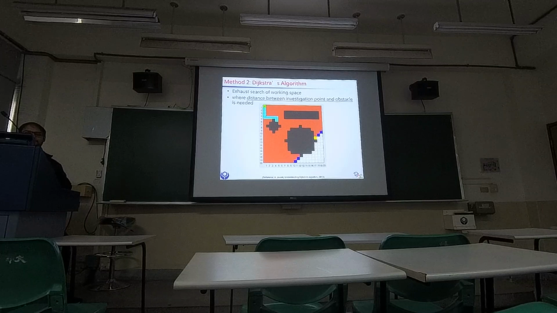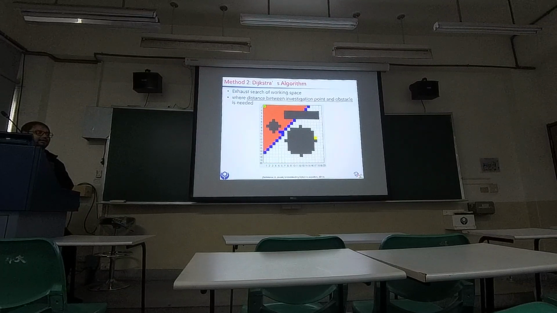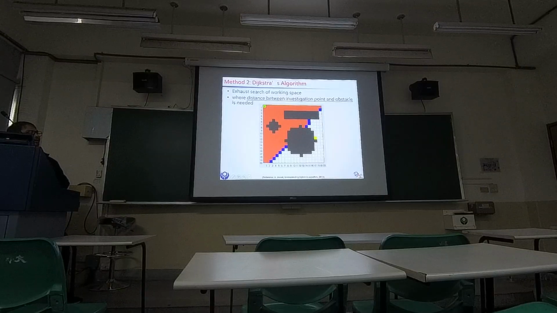Every grid is calculated to find the node, the goal grid, which is here, and then each grid is calculated to find the path to the goal grid. So this algorithm works with a grid-based or node-based approach. It first calculates the whole surface, whole area, whole space.